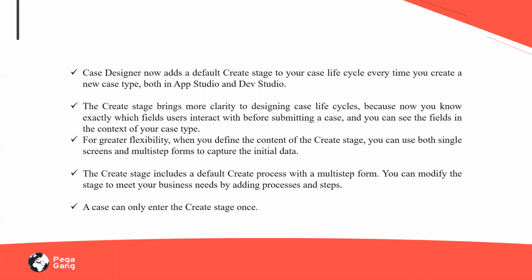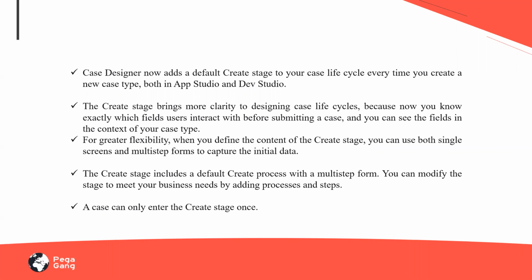But now, to speed up the case creation and to clearly visualize the elements before the case processing starts, we are defining a default create stage every time we create a new case type. This create stage includes a default create process as a multi-step form. Obviously, we can modify the stage to meet the business requirements.